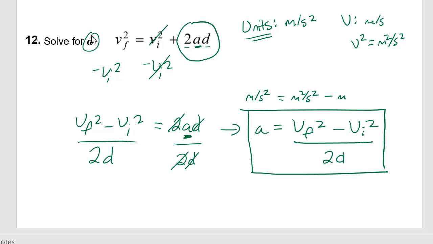On the top we have meters squared per second squared minus meters squared per second squared, and I'll just put it in brackets. The whole thing is divided by 2 times the distance, which would be meters. So we end up with meters squared minus meters squared over meters.